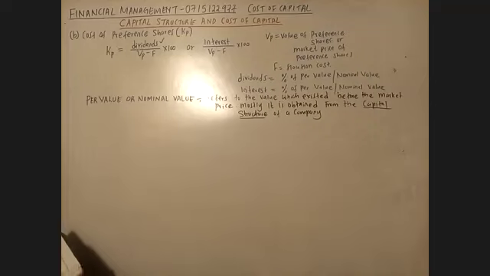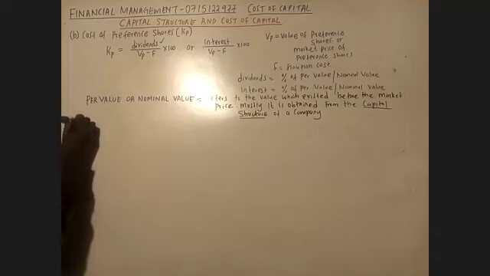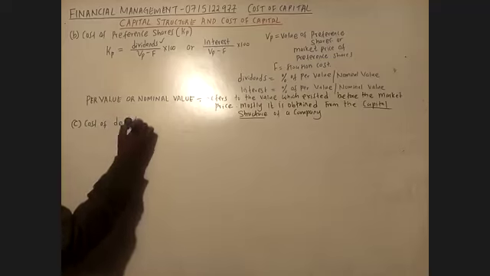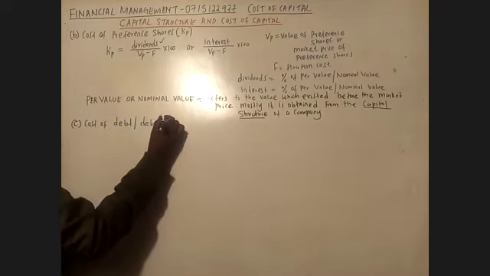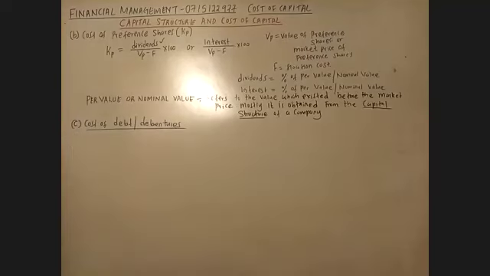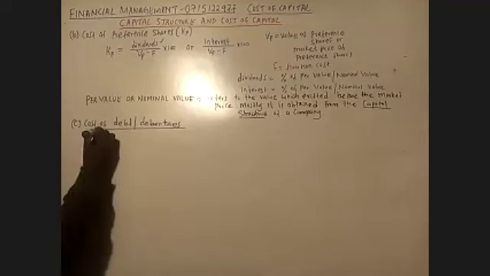Number C, cost of debt or debentures. The cost of debt and the cost of debenture is classified into two.